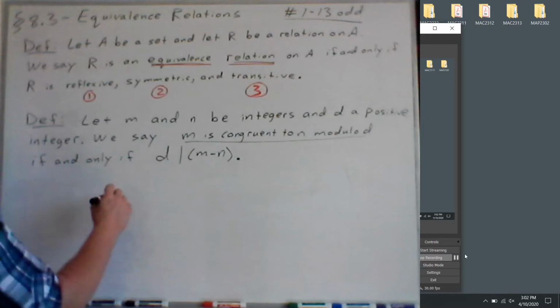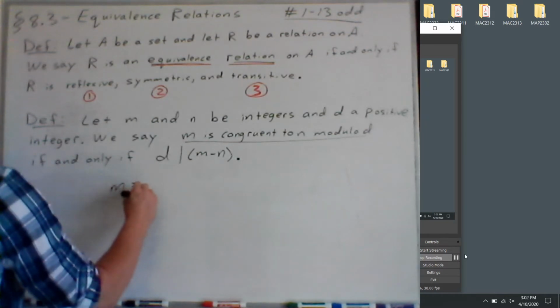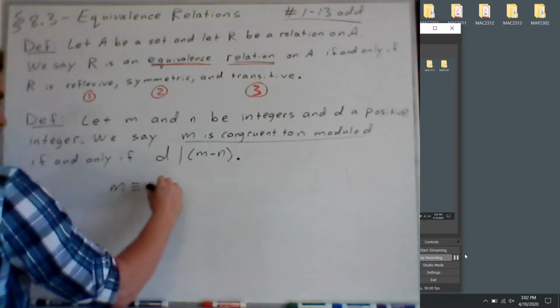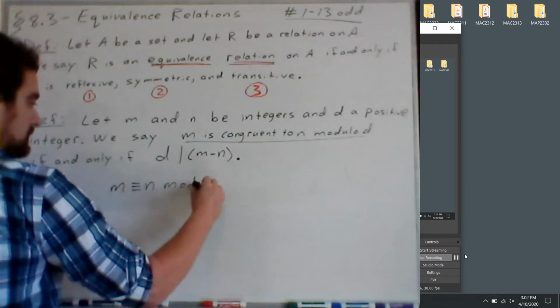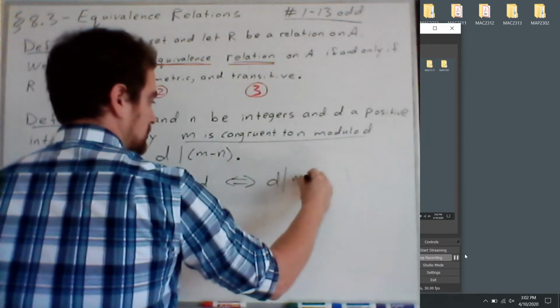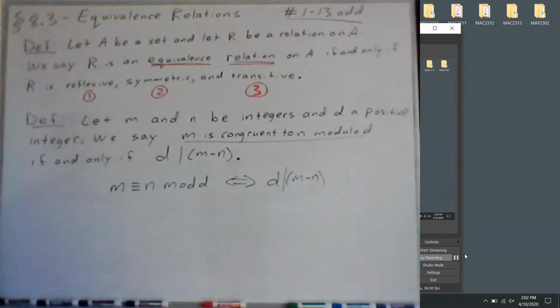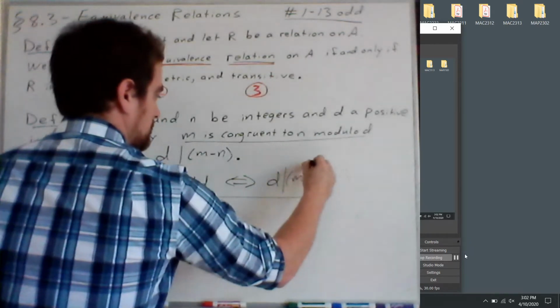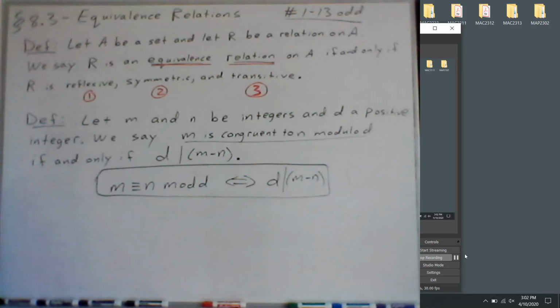What that means is, notation-wise, we write m is congruent to n mod d if and only if d divides m minus n. So we've seen this modular stuff before.